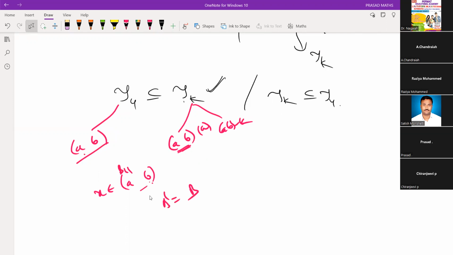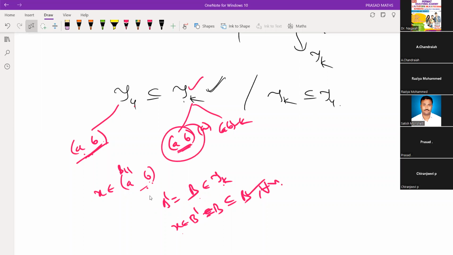B dash is itself B. This is an open set with respect to tau K. Therefore, there exists a basic open set with respect to tau K, B contained in B. Therefore, when you give me x in this basic open set with respect to usual, I can find a basic open set with respect to K topology which is containing x contained in B. This is true for every x. If you want to replace the basic open set, I will give you the same basic open set again. So therefore, automatically this is contained in tau K.